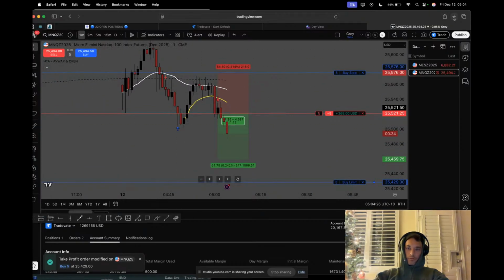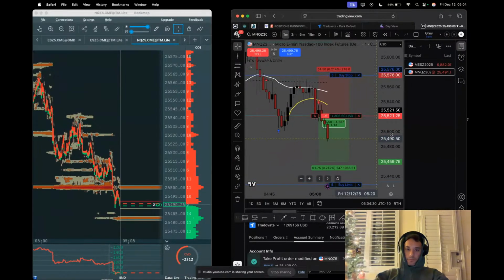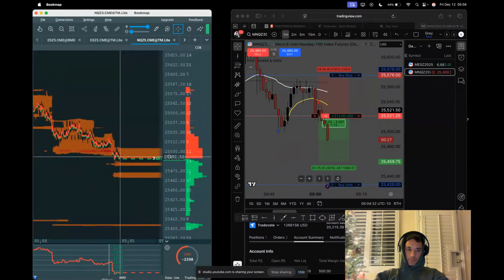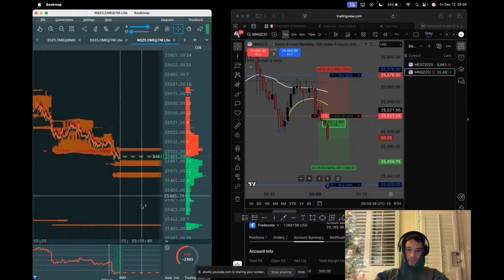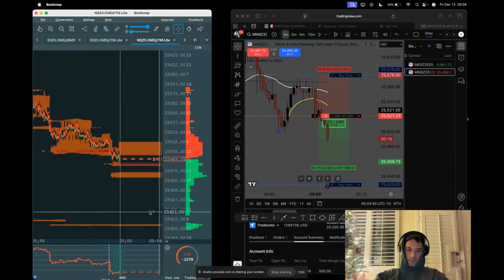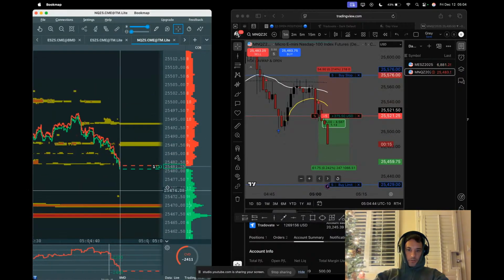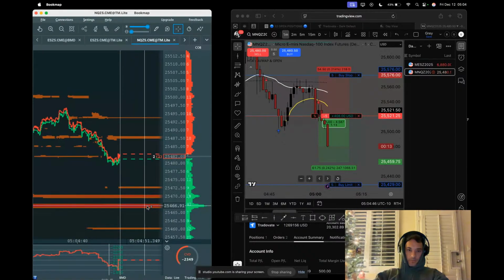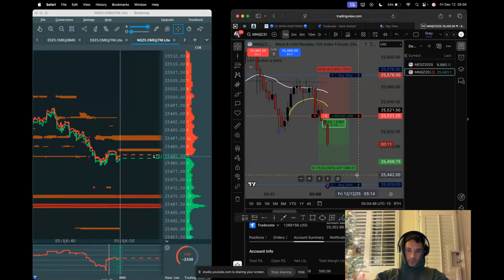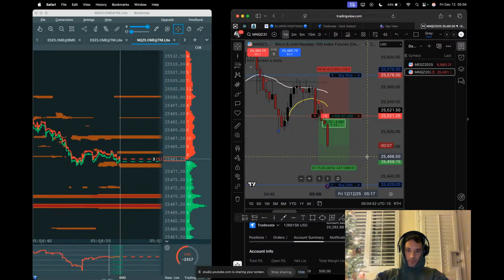Let's look at Bookmap again. So 25.4 is a good number, but you can see that it's a lot of algos there, or one entity rather, one block of orders. 466 coming up on that right here.